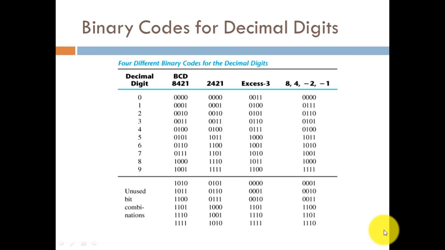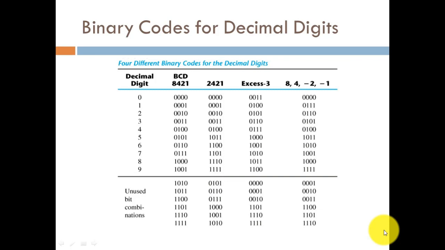So this is the example. 2421 is again a weighted code, as we basically follow. Here in this excess-3 code, what we are going to do is simply add a digit 3 to its decimal equivalent and incorporate its binary number.